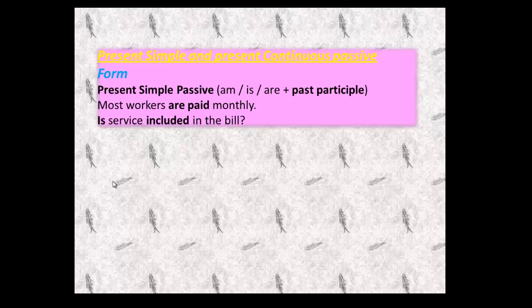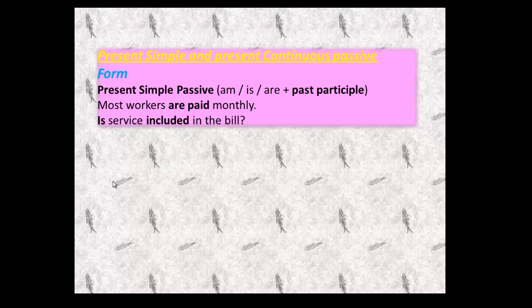I mean, we put verb to be and verb 3 after it. We use am if the subject pronoun is I, is if the subject pronoun is he, she, or it, and are when we have we, you, and they.